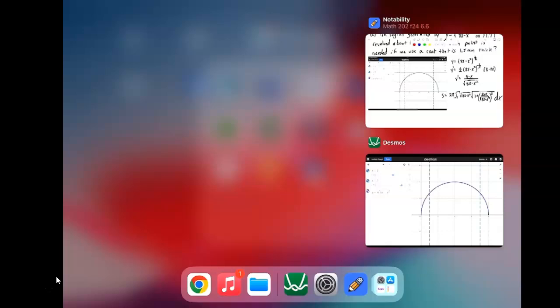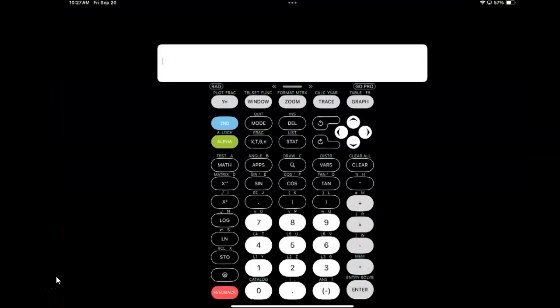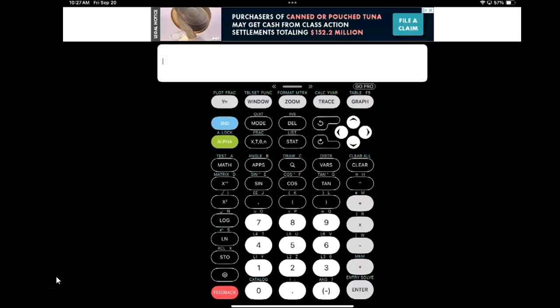But we're going to do this numerically, so I'm going to get my 84 calculator out and do the fnInt. So it's 2 pi, so I'm going to do 2 times, and then my fnInt, integral from 1 to 7, and then putting in my function here: square root of 8x minus x squared.